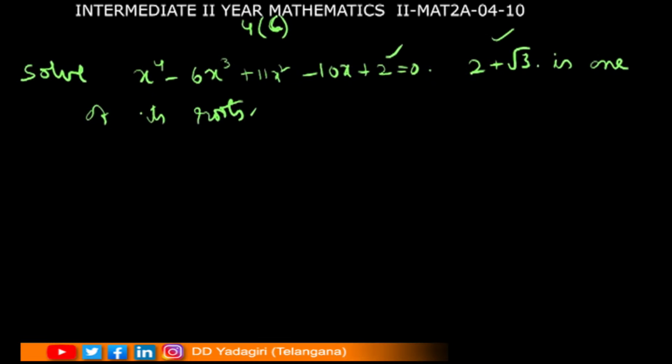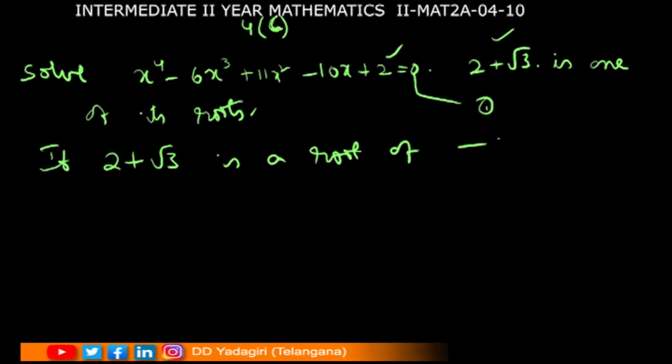As we already know, if 2 plus √3 is a root of the equation, 2 minus √3 is also a root.